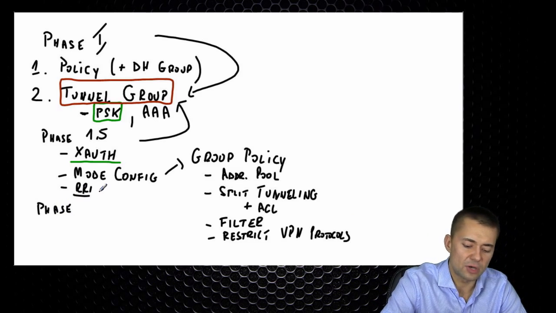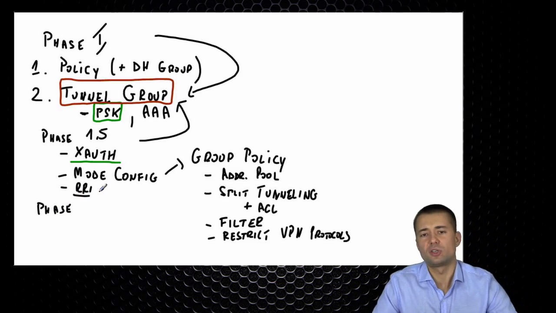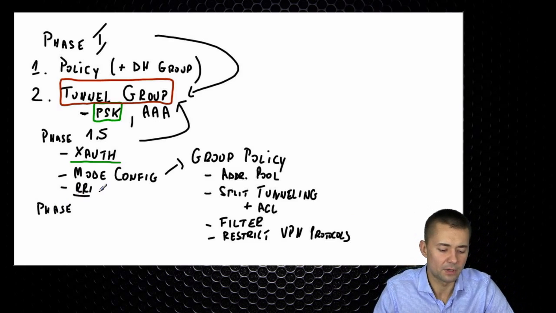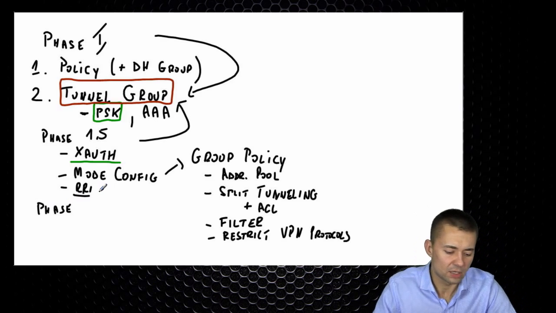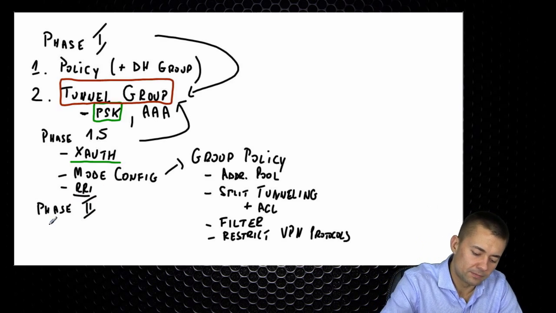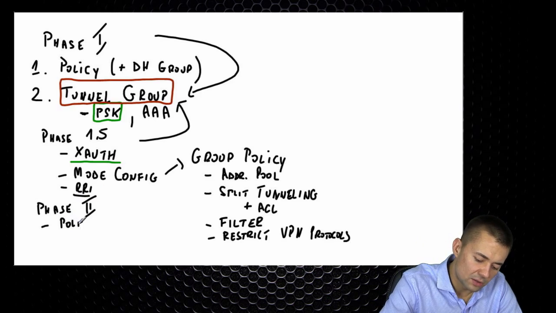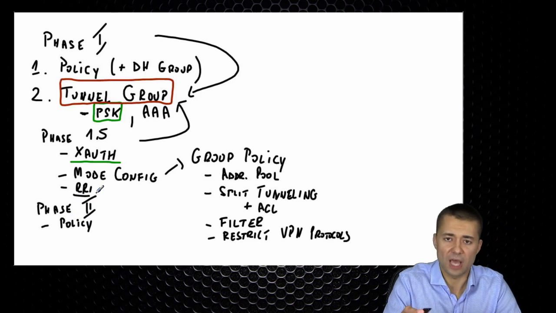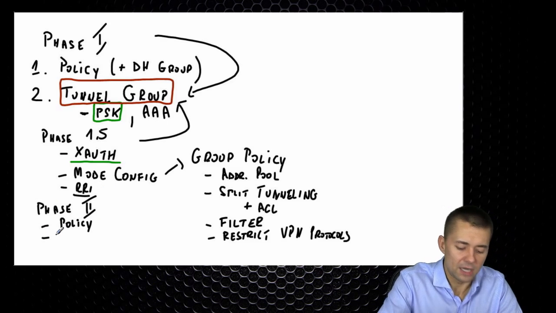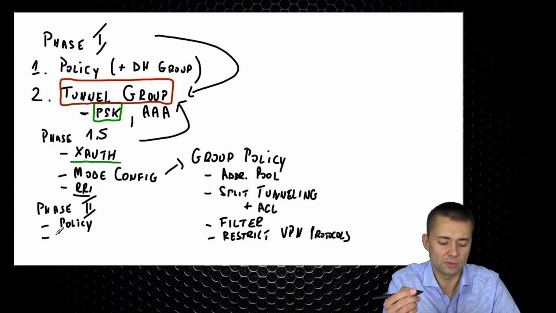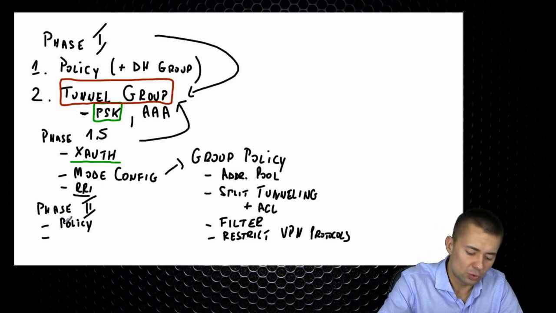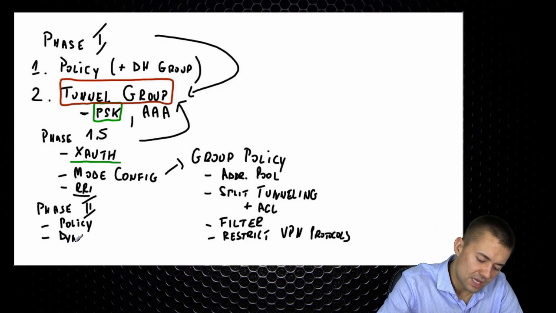No special consideration for this step. ASA is going to insert a static route to the table automatically. But for phase 2, I still need to define my policy. So a transform set. I need to create a so-called dynamic map.